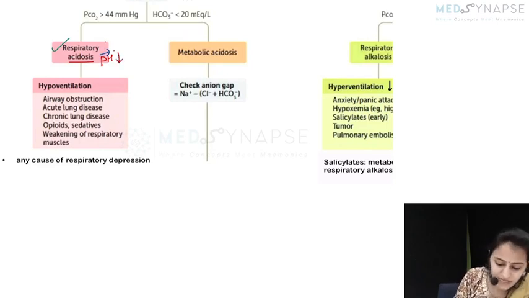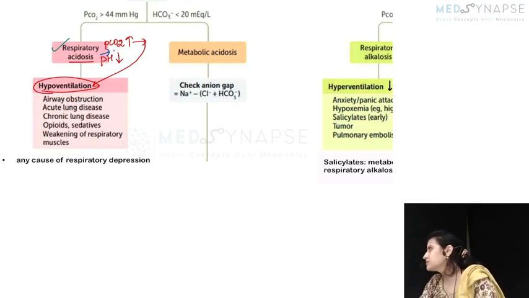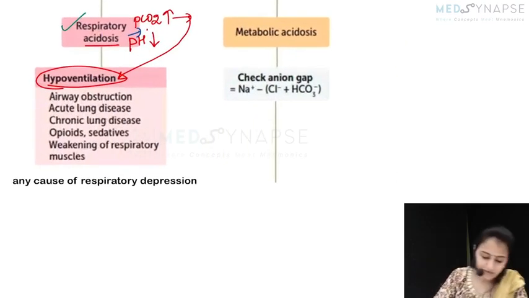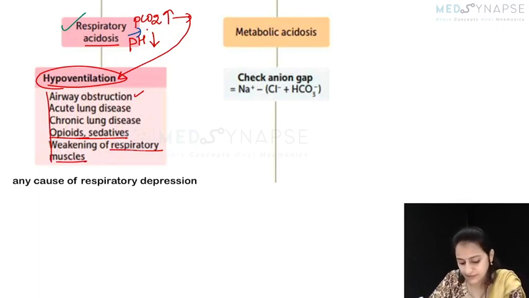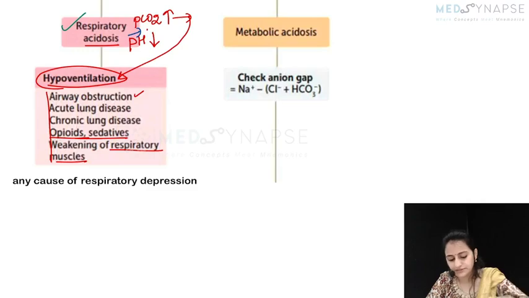Decrease. Respiratory, so what is happening to PCO2? Increase. When will the PCO2 increase? Hypoventilation. Any cause of hypoventilation: airway obstruction, opioid, sedative depressing the respiratory center, weak respiratory muscles. All of this is respiratory acidosis.